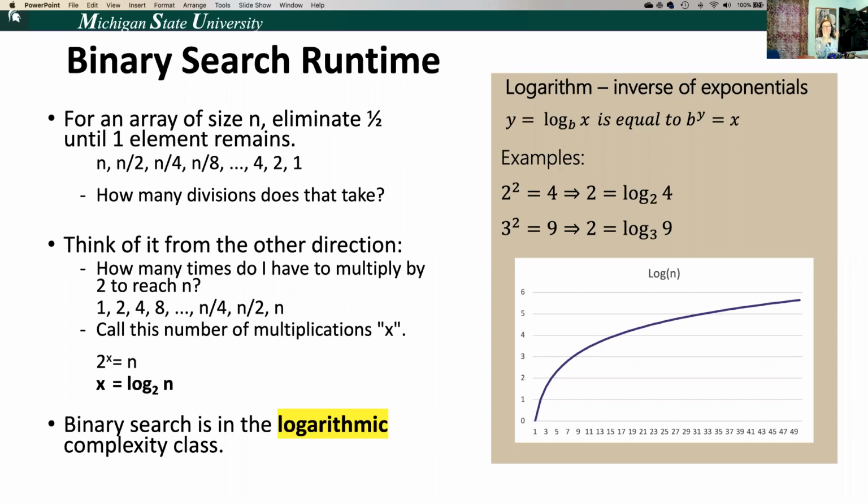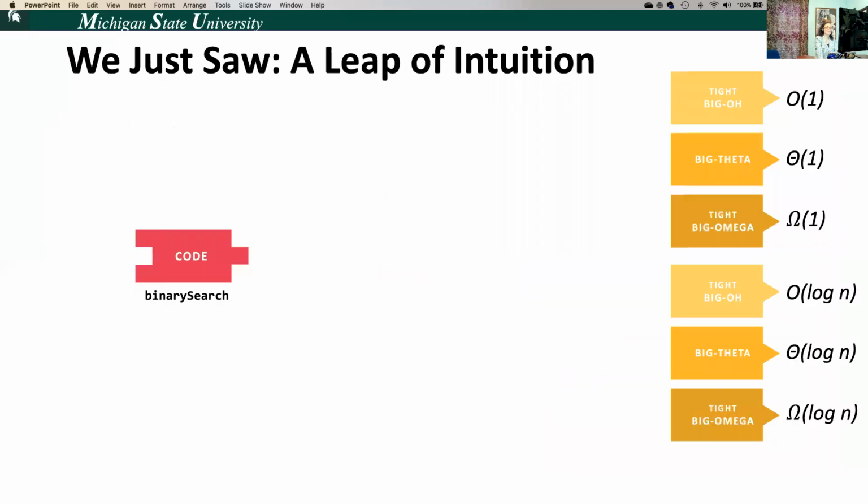So 2 to the 2 is 4. 2 is equal to log base 2 of 4. So you guys know how to do these. I hope that it is slowly coming back to you because we use quite a bit of simple definitions of math in order to analyze it.